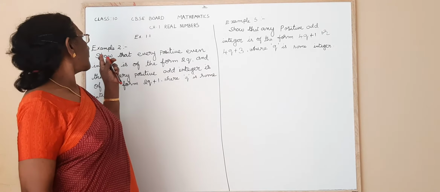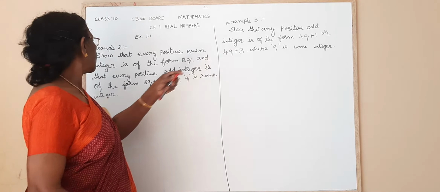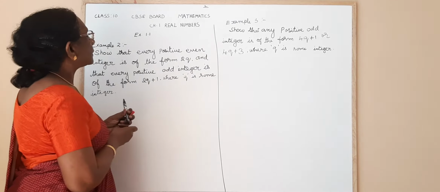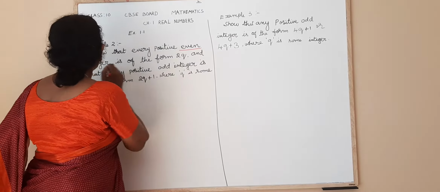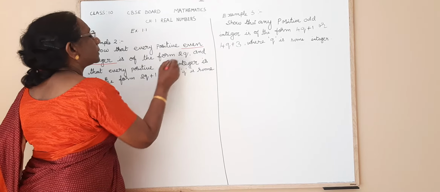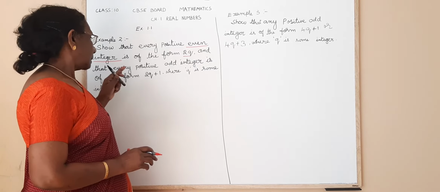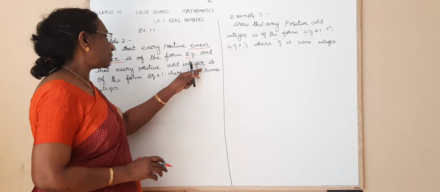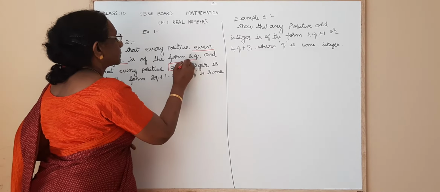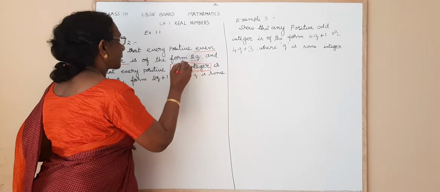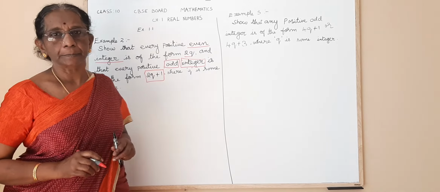So, example 2. Show that every positive even integer is of the form 2q, and that every positive odd integer is of the form 2q plus 1.